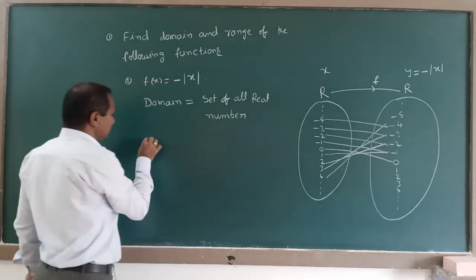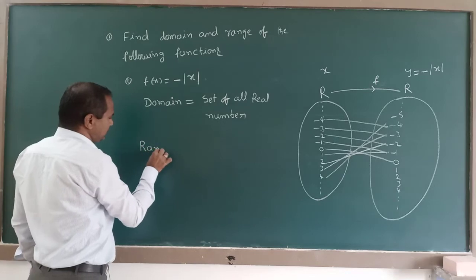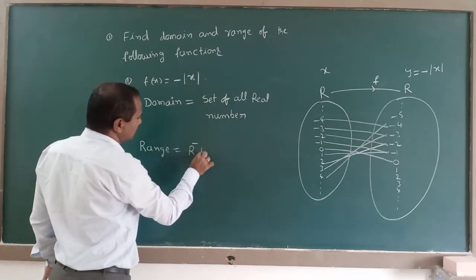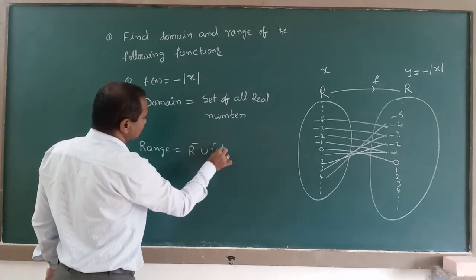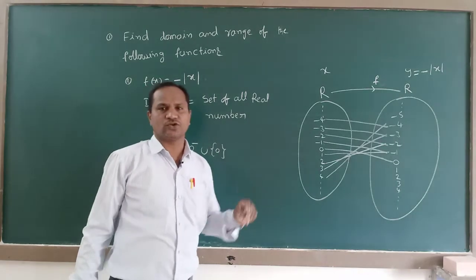And range is equal to R minus union 0 here, the set of all negative real numbers and 0.